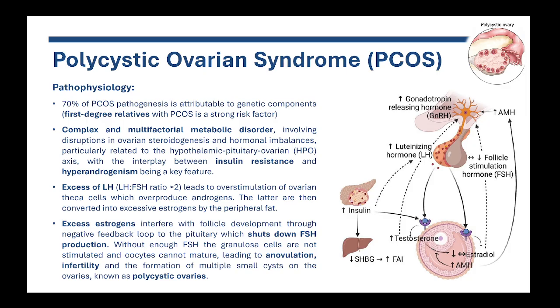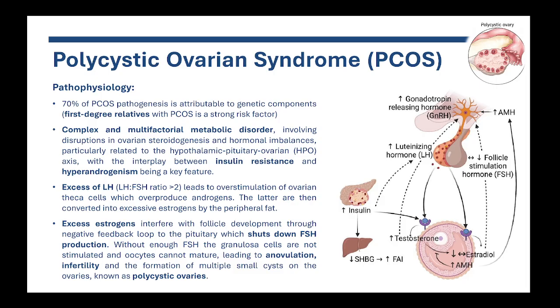But generally speaking, you can understand it as a disruption in ovarian production of steroid hormones with hormonal imbalance, as well as an interplay between insulin resistance and excess androgens. What we know is that these patients have an excess in LH hormone. So the ratio between LH and FSH in these patients is superior to 2.